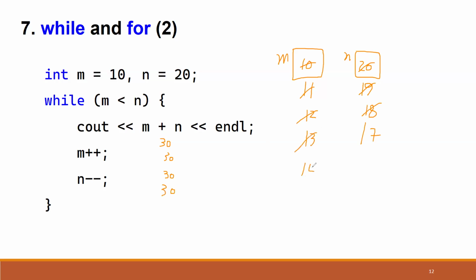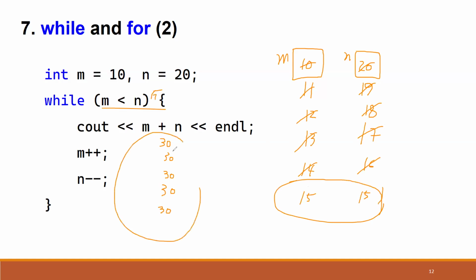Incremented by 1, decremented by 1, still true, right? Still true. Sorry again. Incremented by 1, decremented by 1, now stops, right? Now stops. Because 15, 15, it is false, right? Yeah, so sorry will print out 5 times, okay?